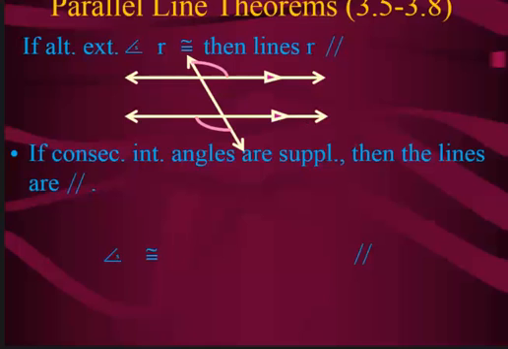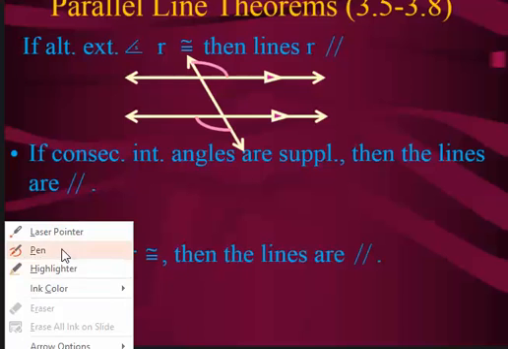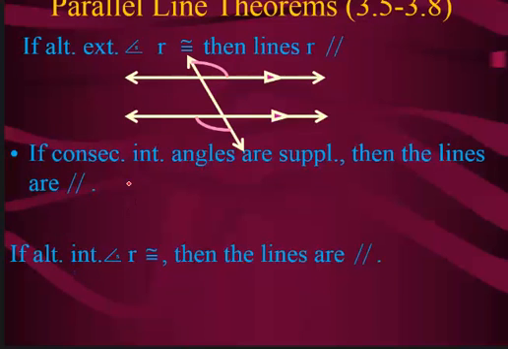So if we had something like this, cut by a transversal, and we had, say, 135 here, and then we had 45 here.